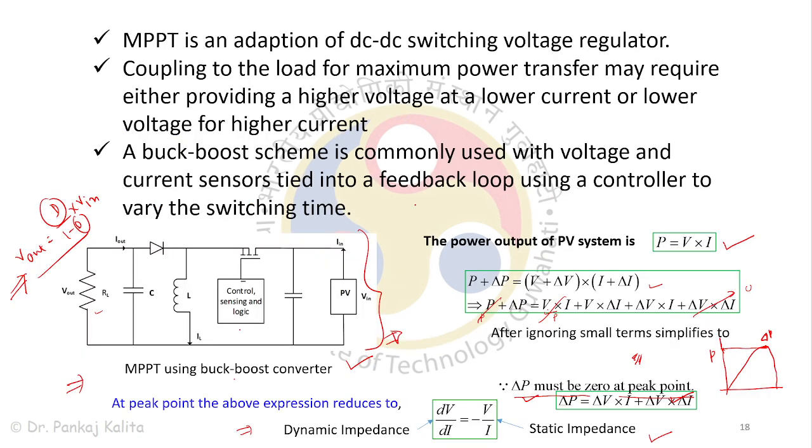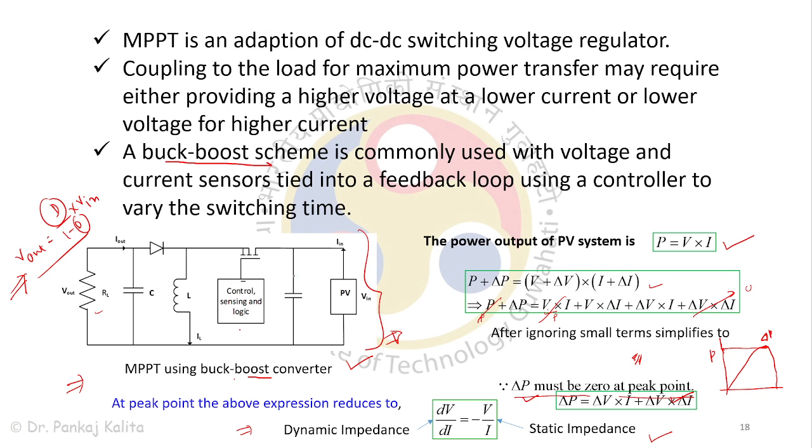And how this MPPT works is that we incorporate a buck boost converter. The buck boost converter can vary the voltage and current, increasing and decreasing them, such that the PV cell always operates at the maximum power point.